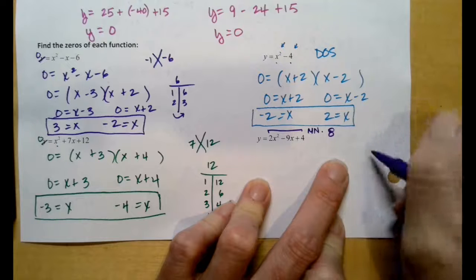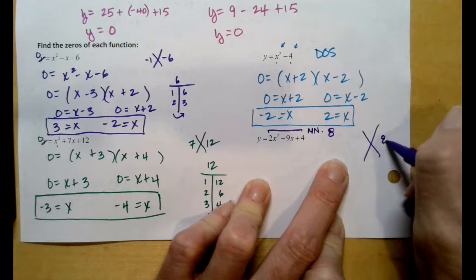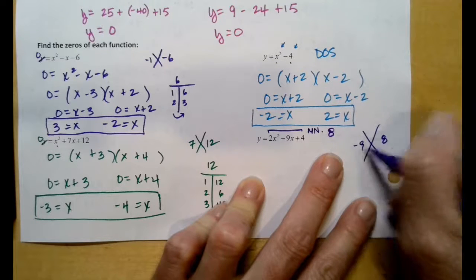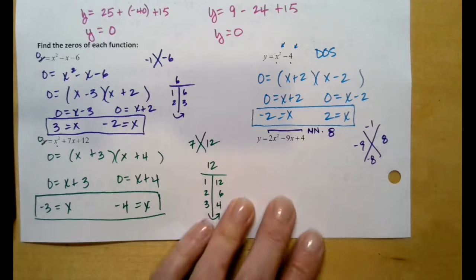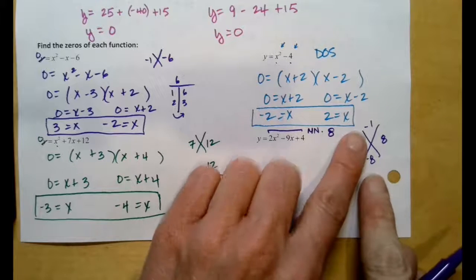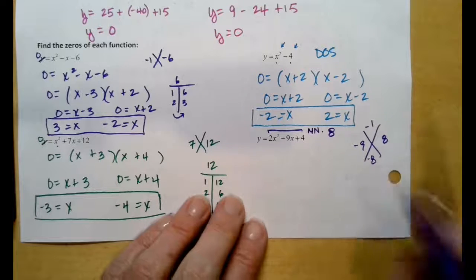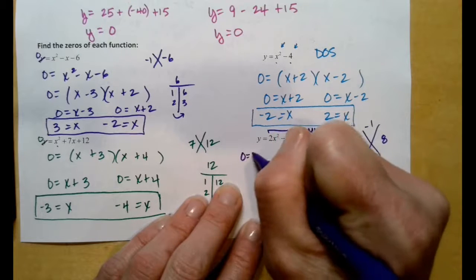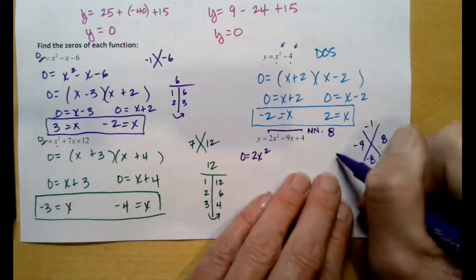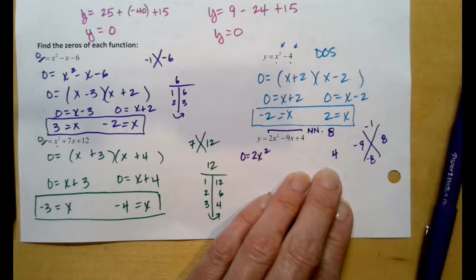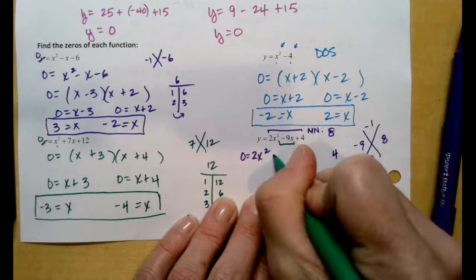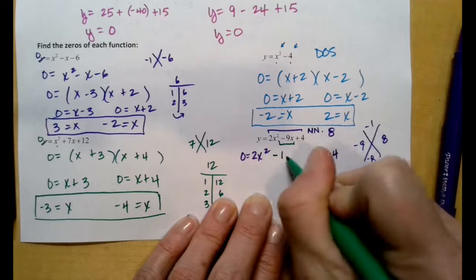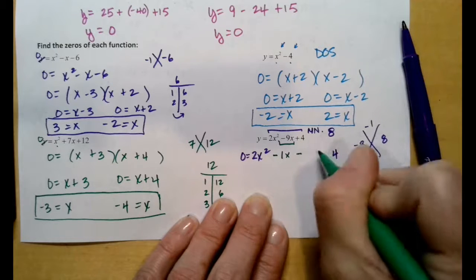I'm looking for two numbers that multiply together to give you 8 and add together to give you negative 9. Did you get it? Now these aren't our factors because we're doing magic number. So what they are is the two terms I'm going to use to rewrite my middle term. Instead of negative 9x, I'm going to say minus 1x and minus 8x.